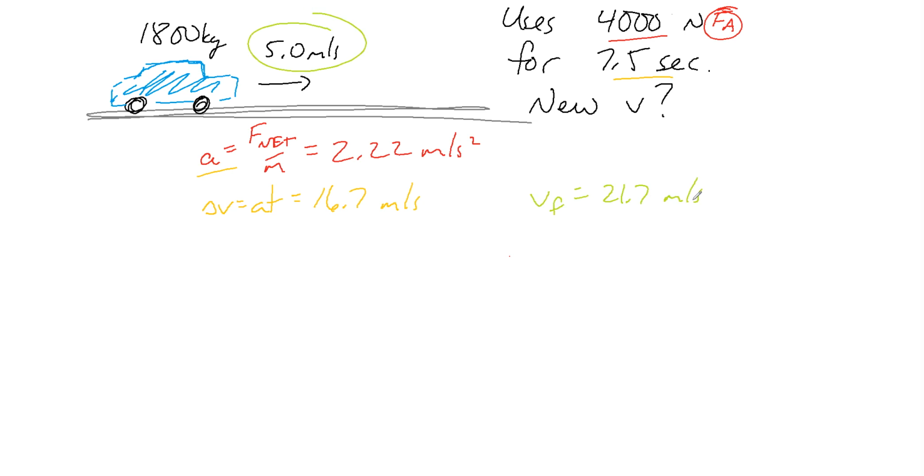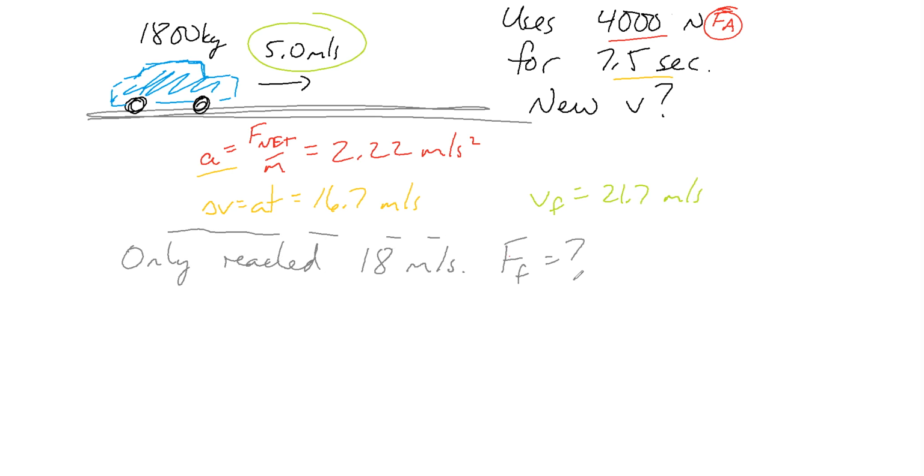All right. So what if we altered the situation a little bit? Let's take the exact same car, exact same setup, and modify it a little bit. Let's say the car only reached 18 meters per second. So how much friction was there?